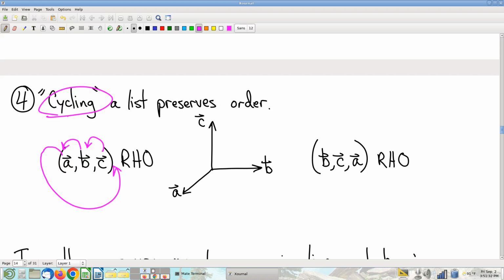There's BCA. So ABC, BCA. Everybody see what happened there? Okay, so cycling, still my right hand, right? Cycling preserves the order. Okay. Alrighty.